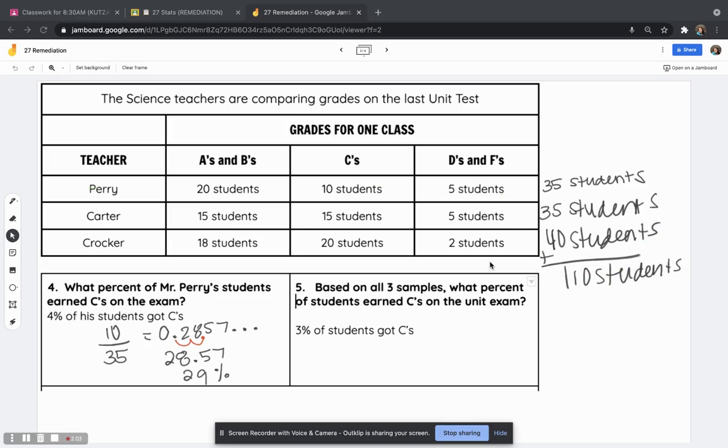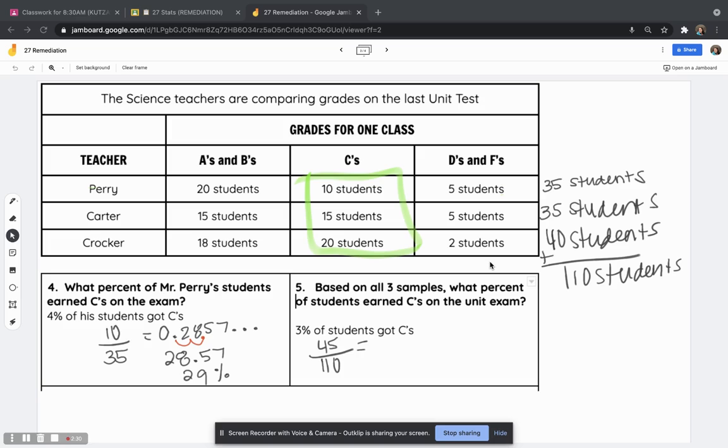All right, so 110 would be my denominator. And I want to know out of that 110, how many students got C's? So 10, 15, and 20. And if I add that up, that is going to give me 45. So 45 out of 110. And again, the easiest way to go from a fraction to a percent is just to divide.